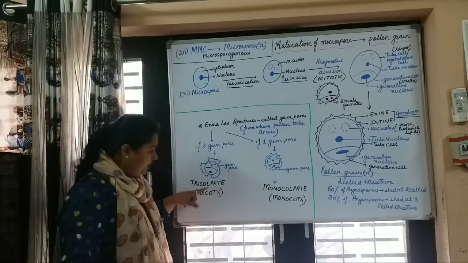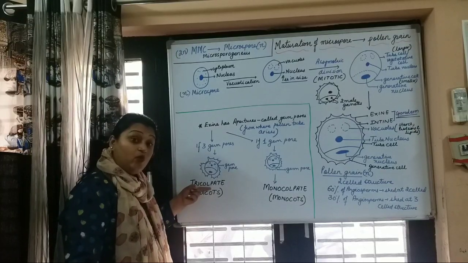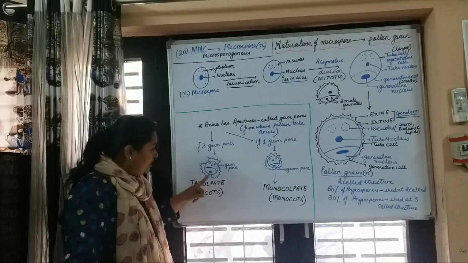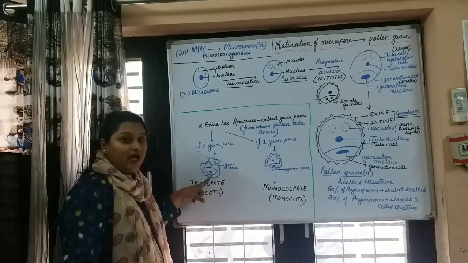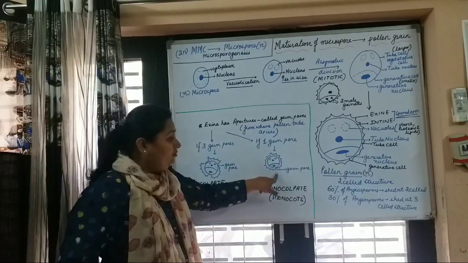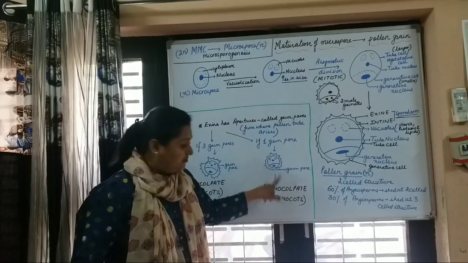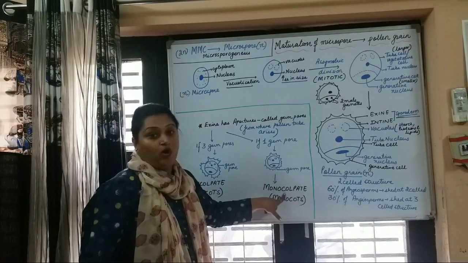The dicot feature is tricolpate. Tricolpate means having three germ pores, that is, three pores in the exine layer. The germ pore does not have sporopollenin. If only one germ pore is there, it is a feature of a monocot and is called monocolpate.